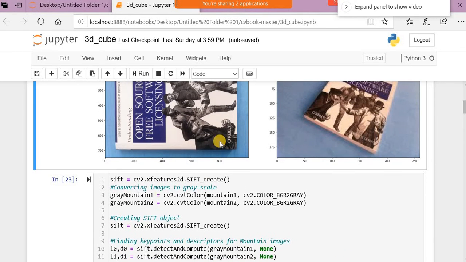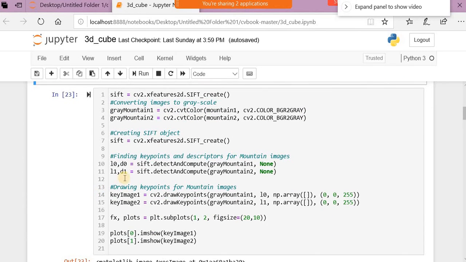We apply the SIFT algorithm over there by using the Python language. First you have to convert it into grayscale images. I have already converted. Then L0, D0 are my key point detectors and descriptors. L0 is the key point detector and D0 is the descriptor, so L0, D0 will be the key points and descriptors of the first image.